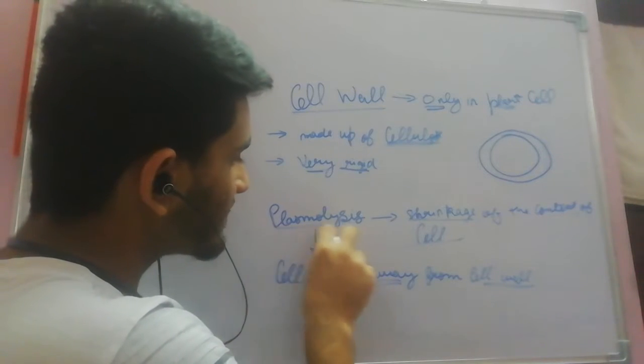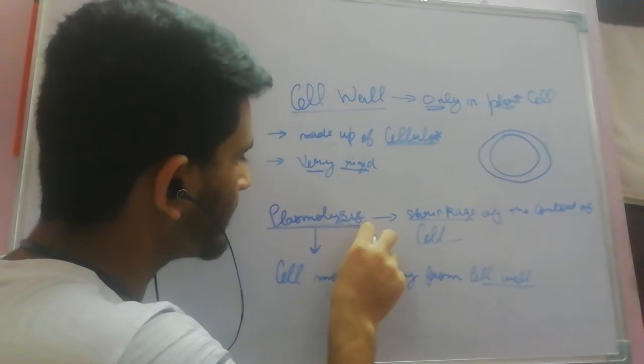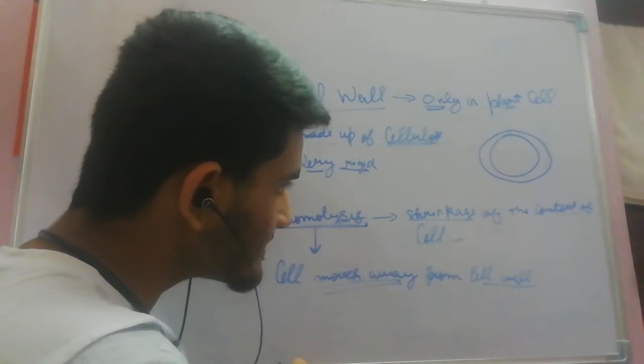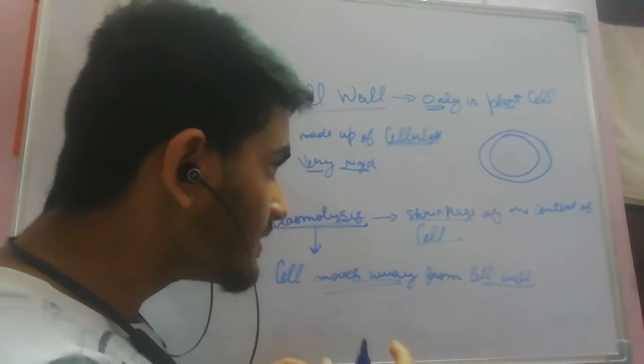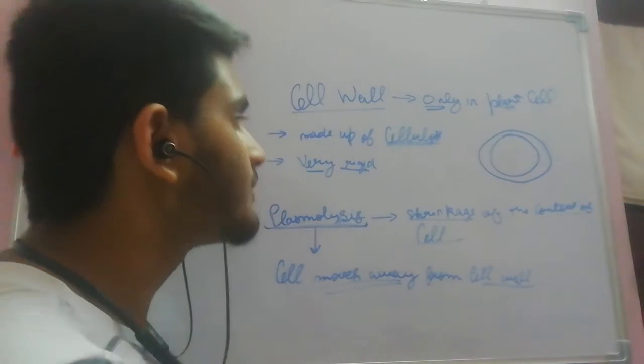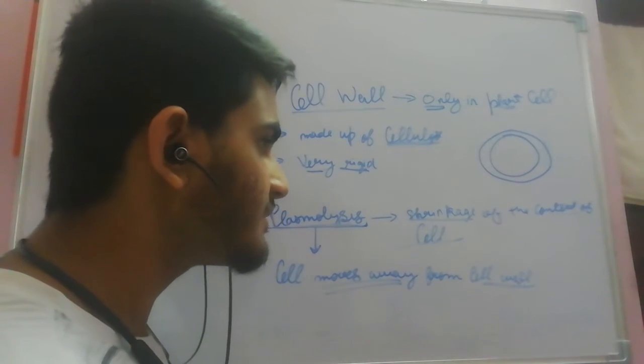Now, what is plasmolysis? What does this term mean? Plasmolysis is when the cell loses something, for example water.